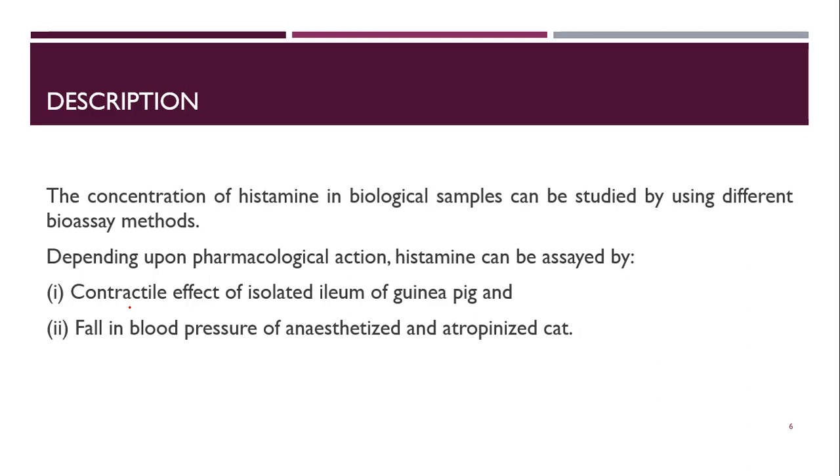So we have already administered atropine into the cat, and then we administer histamine and check the fall in blood pressure. The fall in blood pressure will be the point of interest in this particular experiment. And the cat here is very much alive, but it is just anesthetized for the purpose of the experiment.